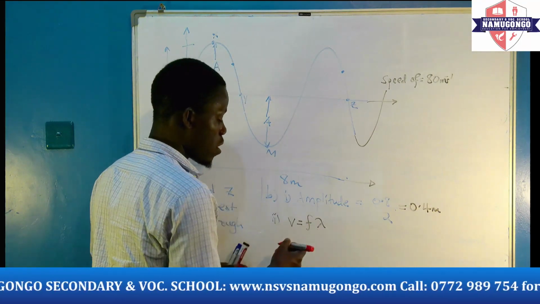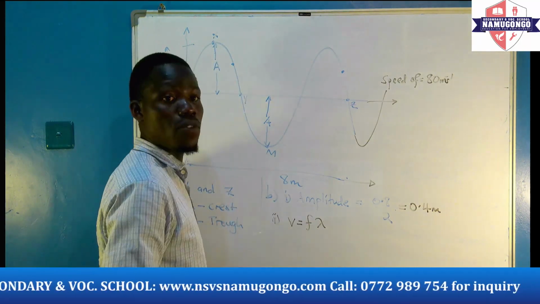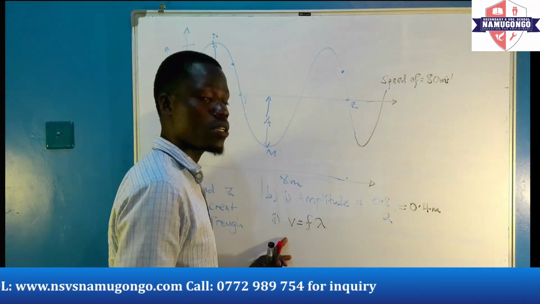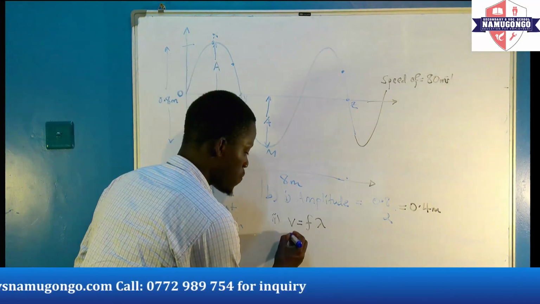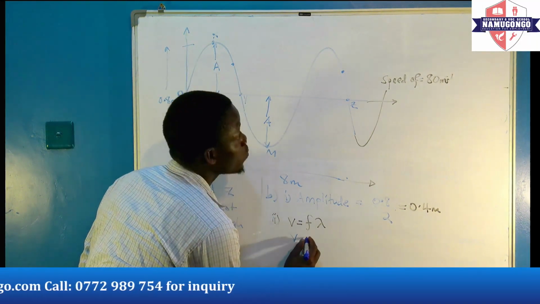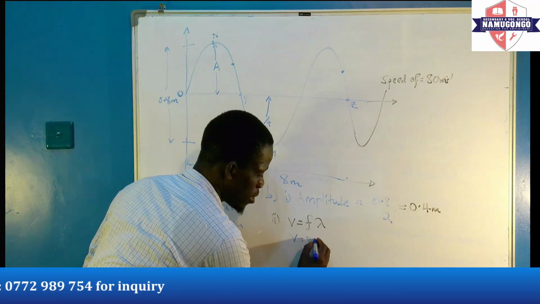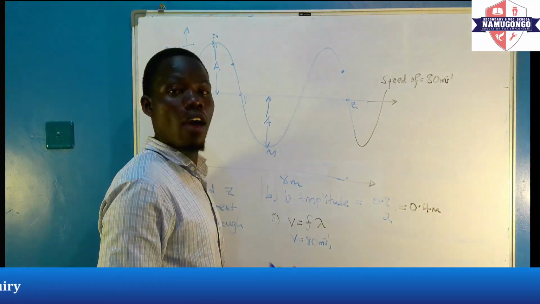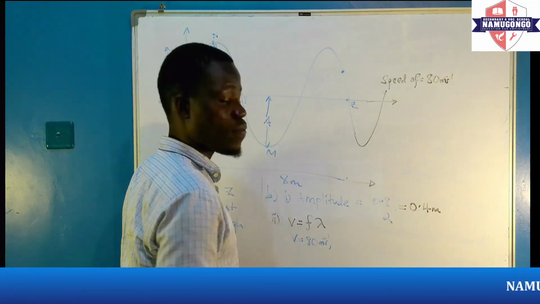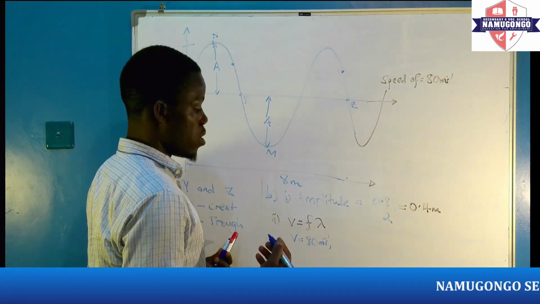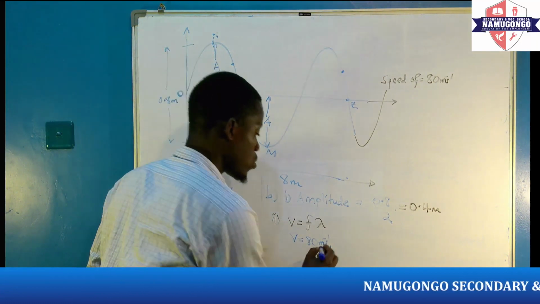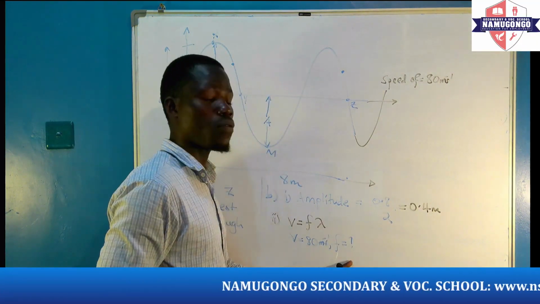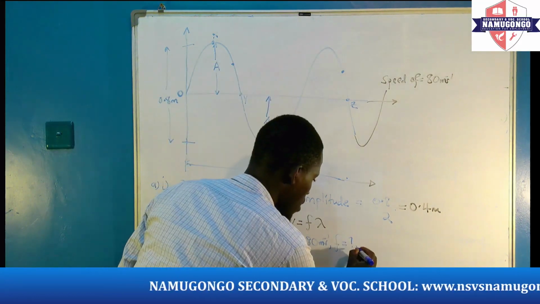So, we shall first start with what is given. V is given. V is the velocity. So, V is equal to 80 meters per second. F, is it given? No, we don't know it, so we shall say f is equal to, that is what we are looking for, question mark. Then lastly, lambda.